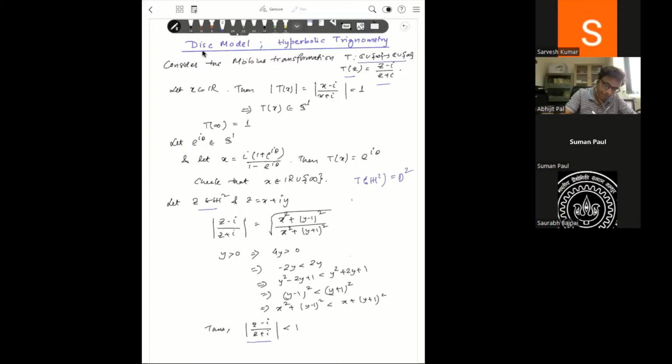So what is my D2? This is my open unit disk. T of the upper half plane is the unit disk. Now what will I do? I already have a Riemannian metric on the upper half plane. I will push that metric onto the unit disk.